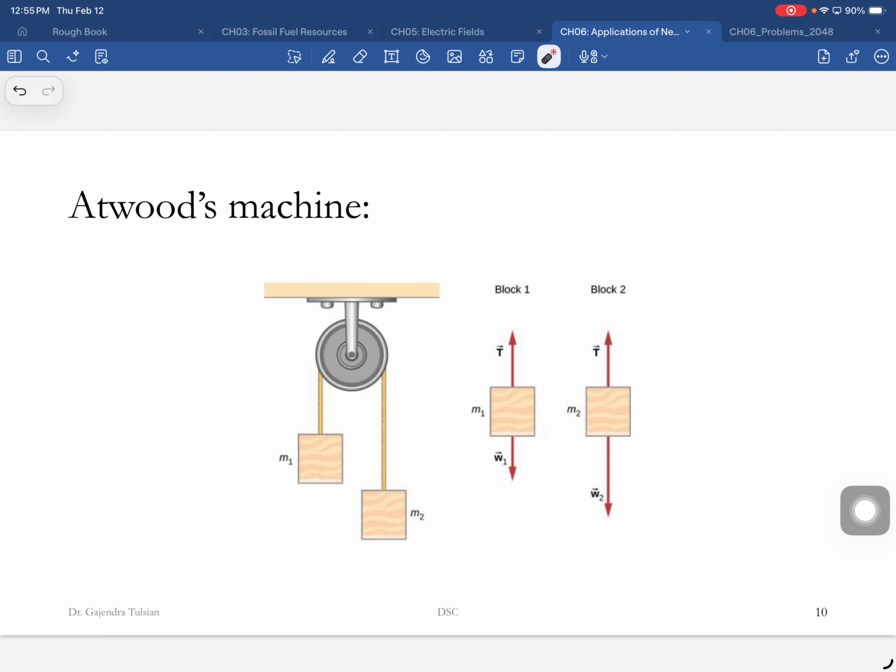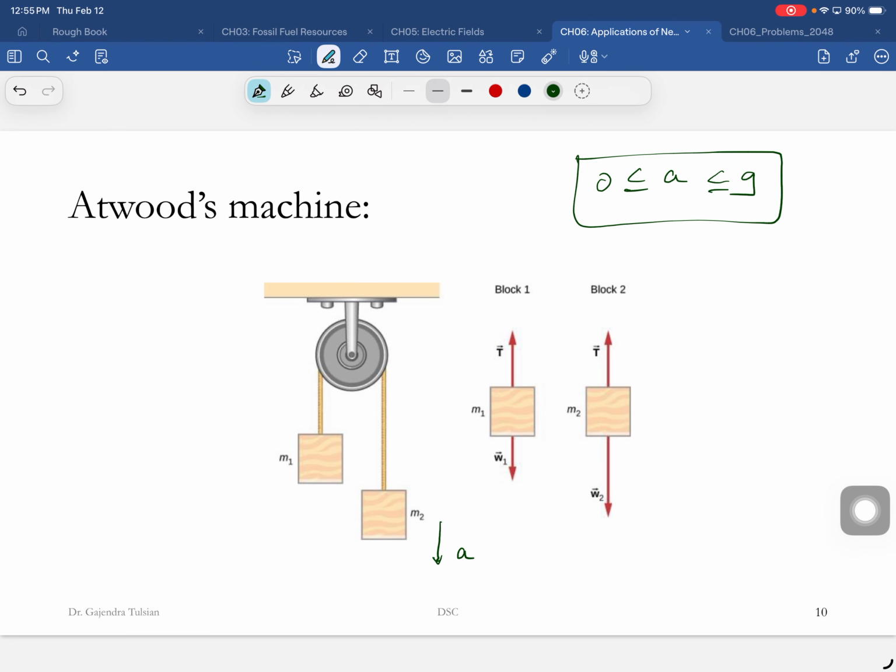With this machine, you can make this acceleration anything between 0 and g. So you could tune the acceleration to anything you want, and then relate that to g. All right, so let me show that to you.